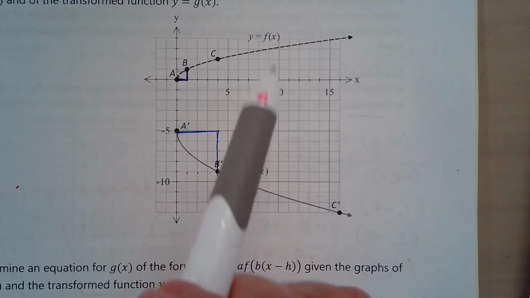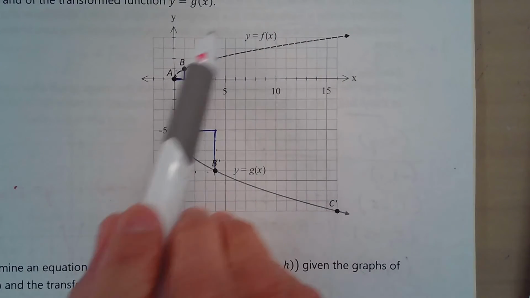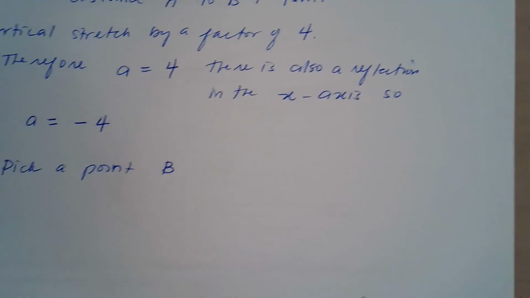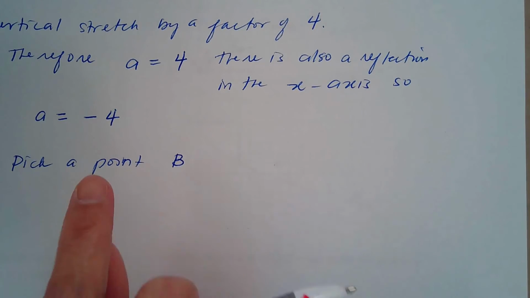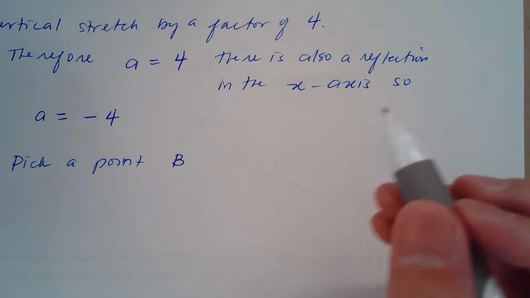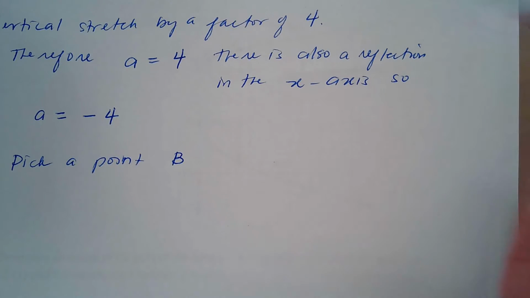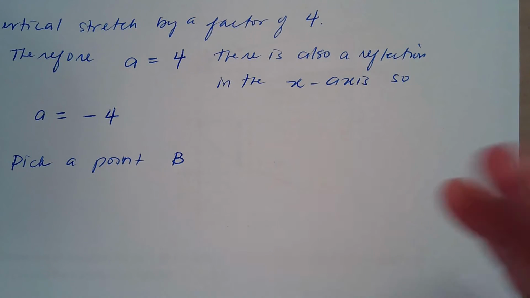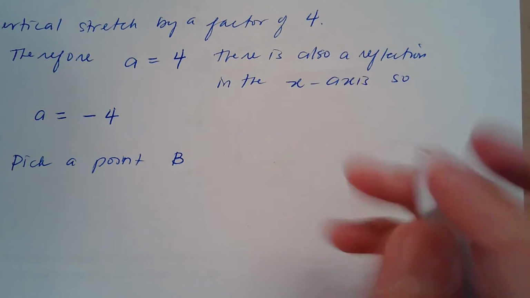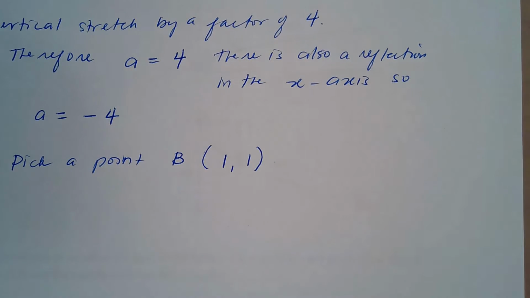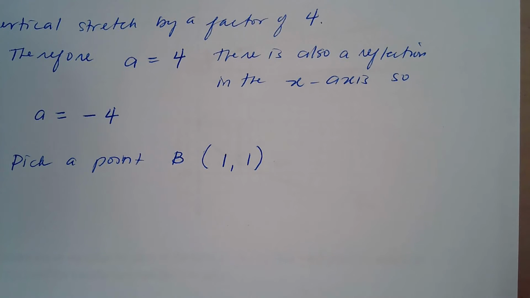So we're going to pick a point that's not on the axis. We're going to pick a point B. If we know that B is 1/4 and A is -4, where would that point be located now? So pick a point B, which is at 1, 1.